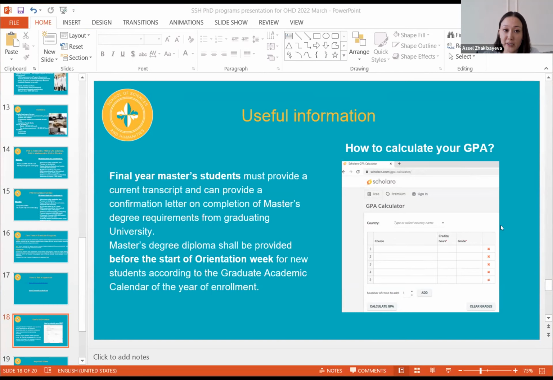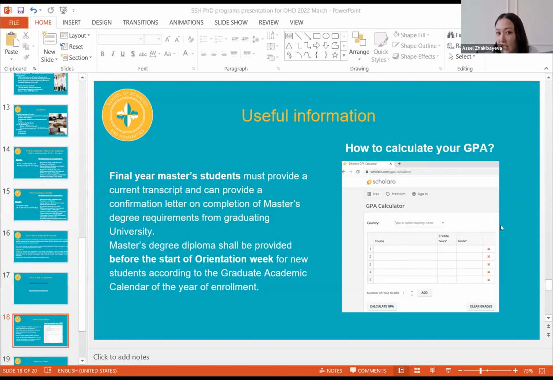So the final year master students can provide a current transcript and also a confirmation letter from your university on completion of your master's degree, stating that you almost meet all the graduation requirements and you are only waiting for the formal issuance of your degree.